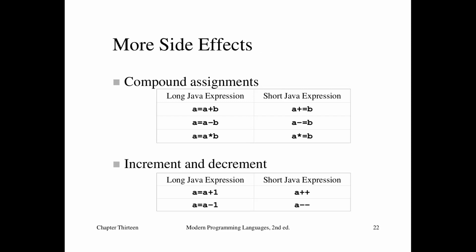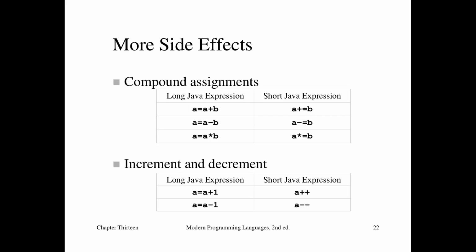So, other side effects, right? Compound assignment. This is a thing that we really have to understand. This has implications not only for what we're talking about here, but if you are using this in, for example, a concurrent programming situation, same with the increment and decrement below, you have to understand that these are not atomic operations, right? These are not a single operation.